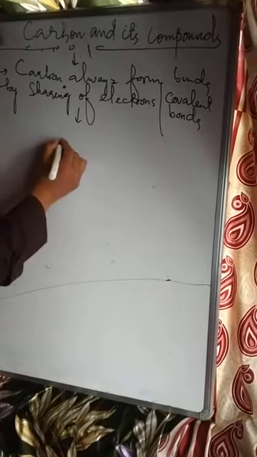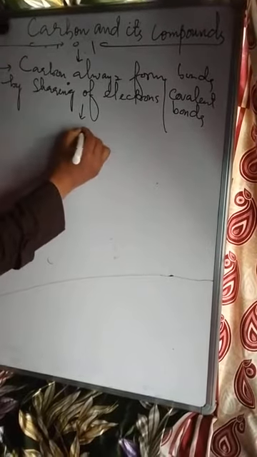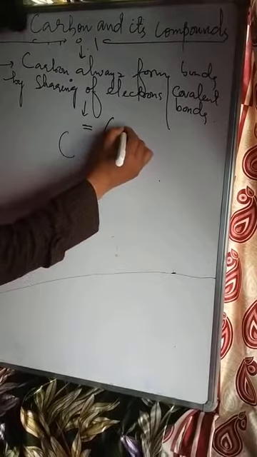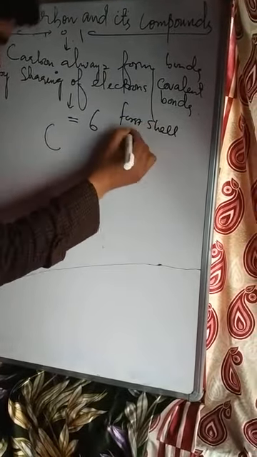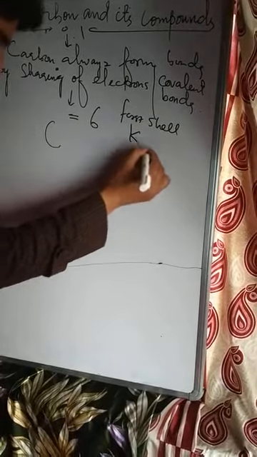As far as this carbon is concerned, carbon has atomic number 6. That means in the first shell, the K shell, it contains 2 electrons, and in the L shell, it contains 4 electrons.